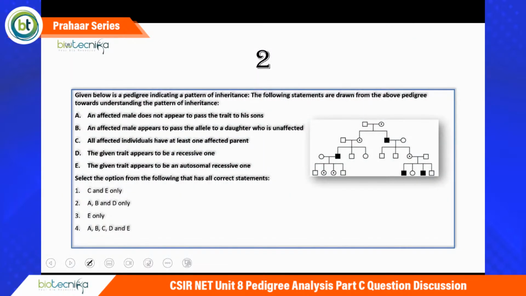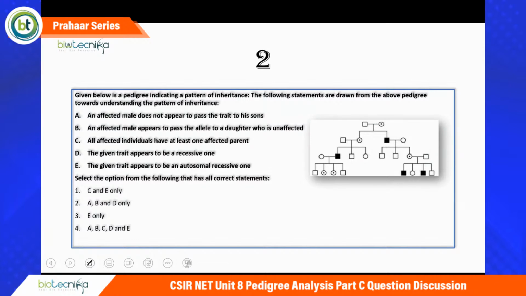All right, moving ahead to the next question. Given below is a pedigree indicating a pattern of inheritance. The following statements are drawn from the pedigree towards the understanding of the pattern of inheritance. First, an affected male does not appear to pass the trait to his sons.